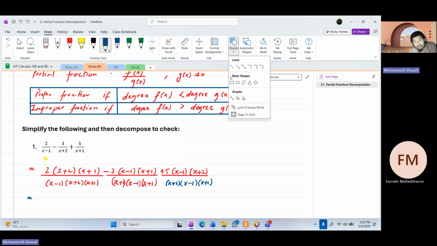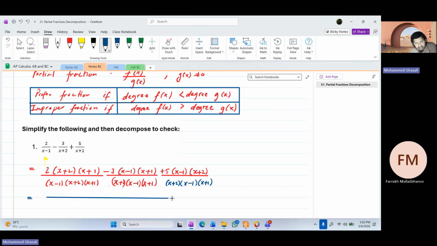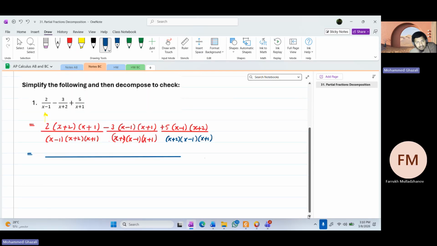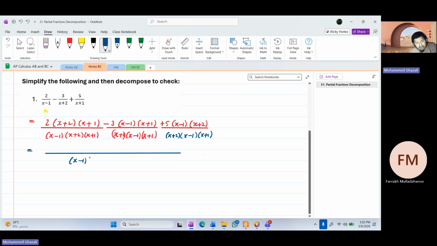Right, so now I'm going to simplify this. Let's simplify this, which is just x minus 1, x plus 1 into x plus 2. Now, if you're simplifying this, you need to open up these brackets. So you're getting 2 into x squared plus x plus 2x plus 2, minus 3 into x squared.